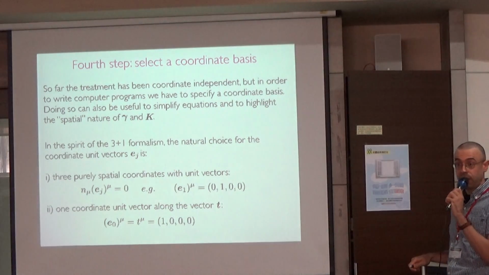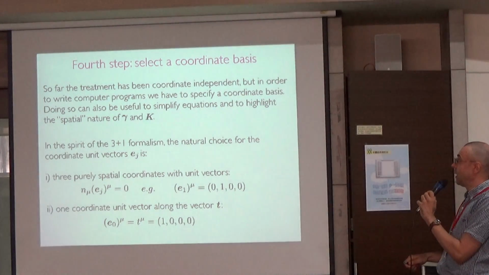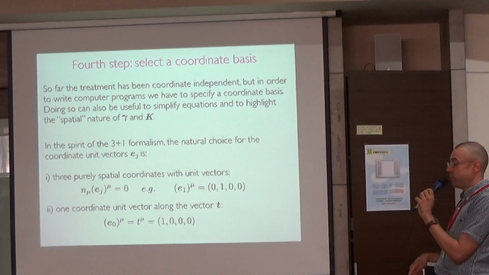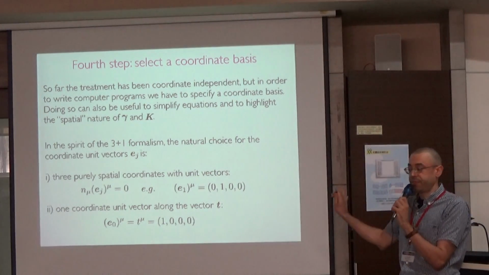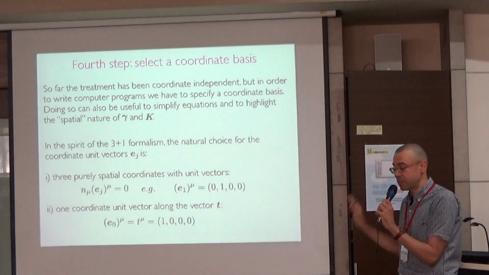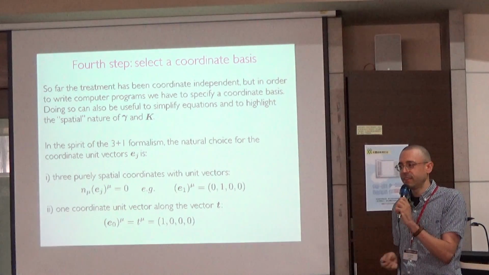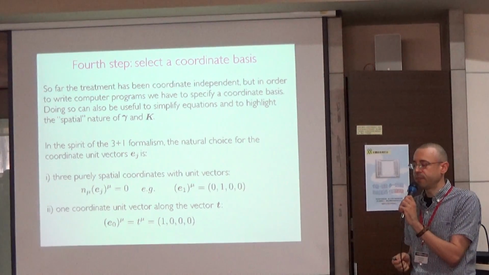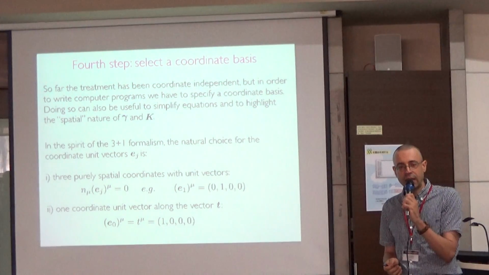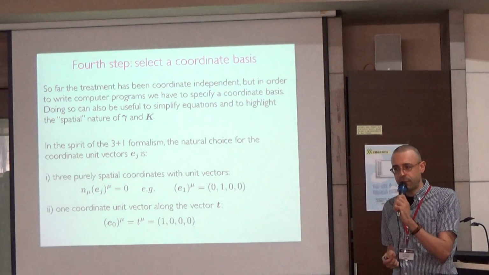Finally, the fourth and last step, we have to select a coordinate basis. Up to now, we've explicitly not thought of coordinates because everything needs to be covariant and not coordinate dependent.